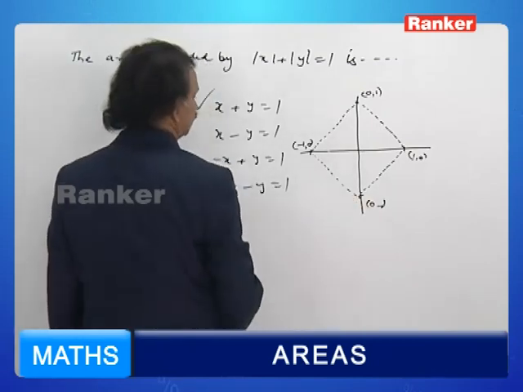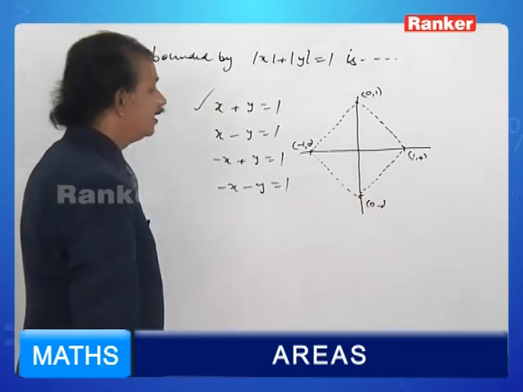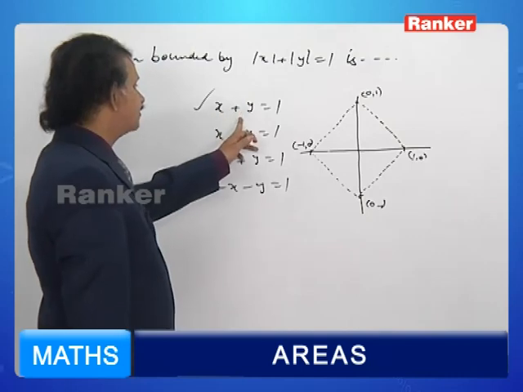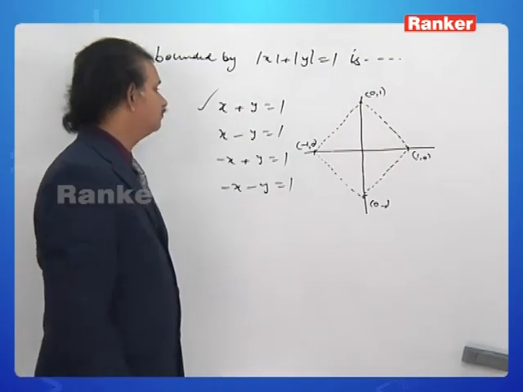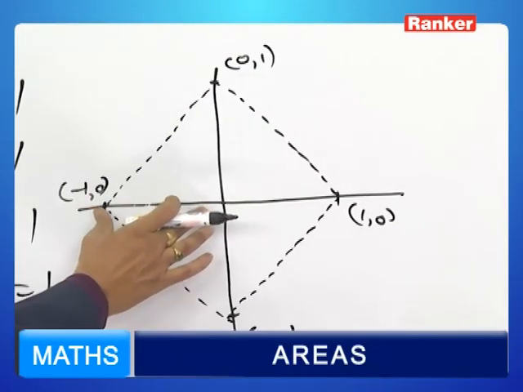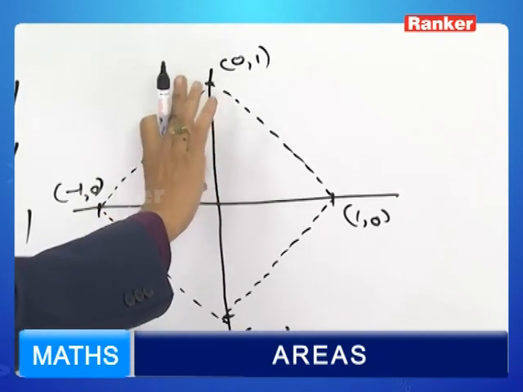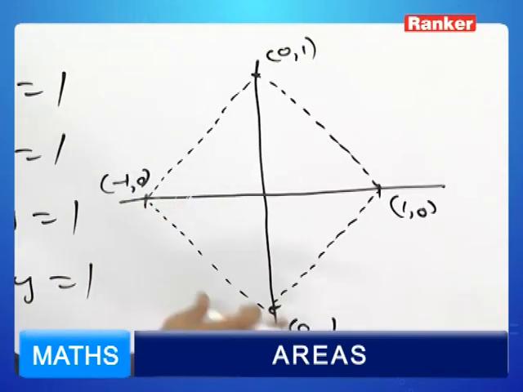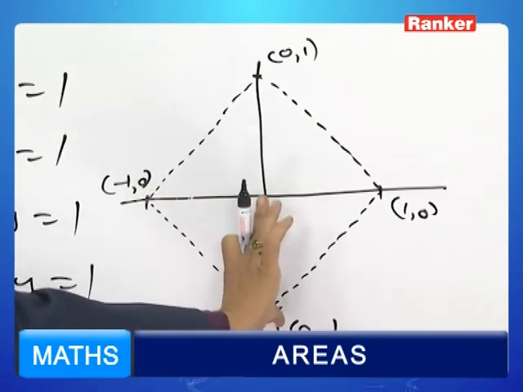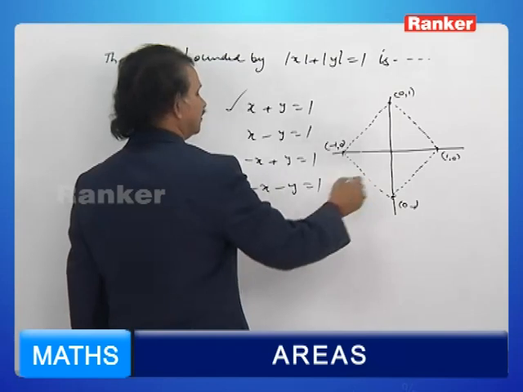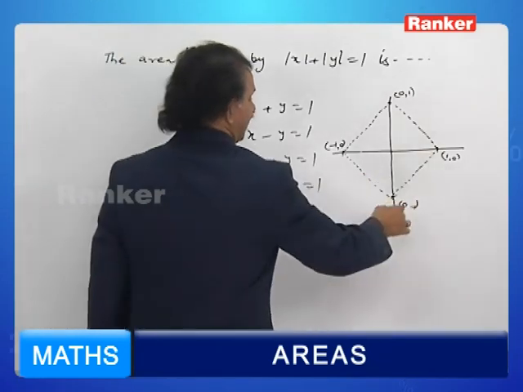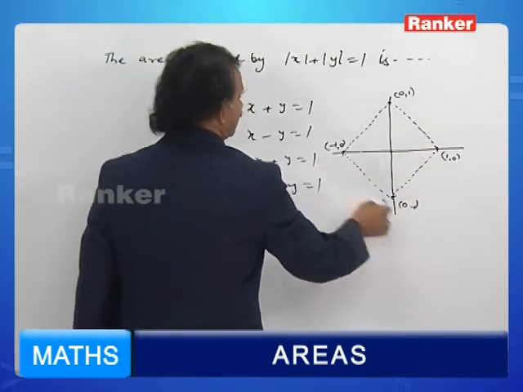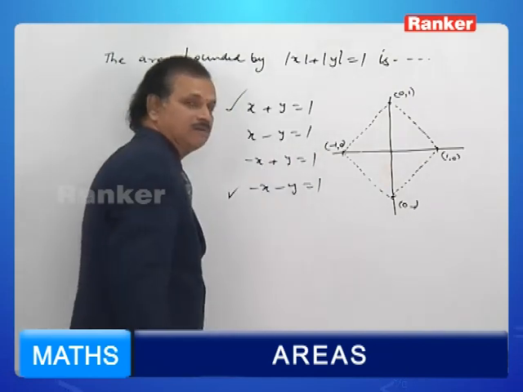X-intercept is 1, y-intercept is 1. X-intercept is minus 1, y-intercept is 1. What do you say about this line? X-intercept is minus 1, y-intercept is also minus 1. What do you say about this line? X-intercept is 1, but y-intercept is minus 1, hence it is x minus y is equal to 1.